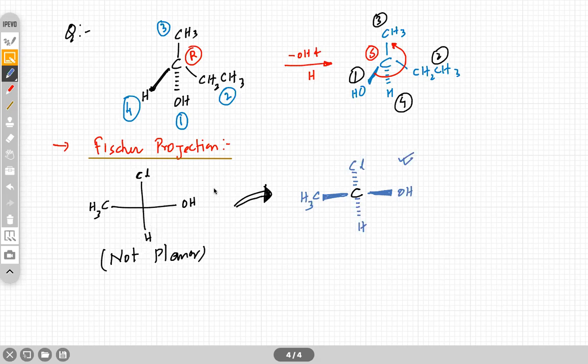So write down this note. The condition is the least priority group must be on the bottom of the vertical line.